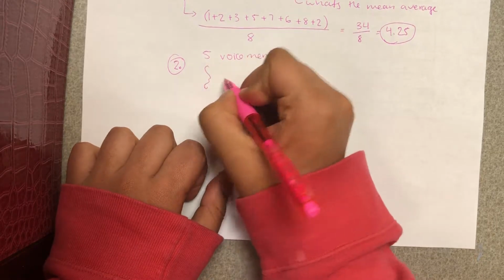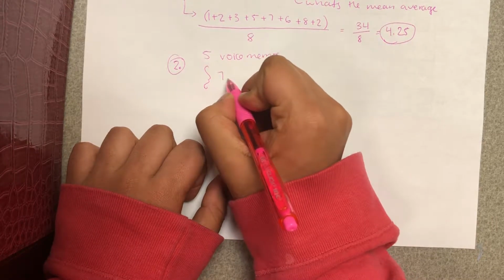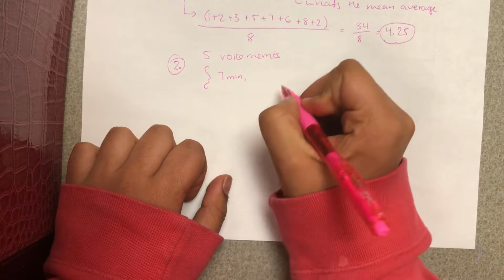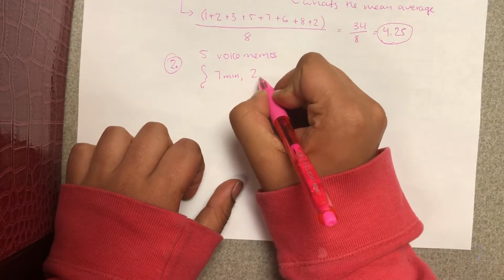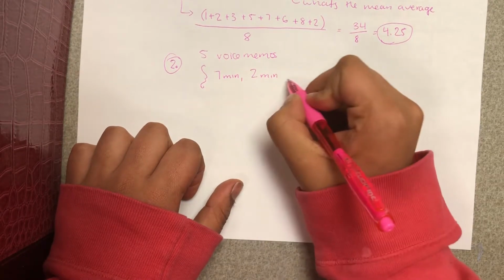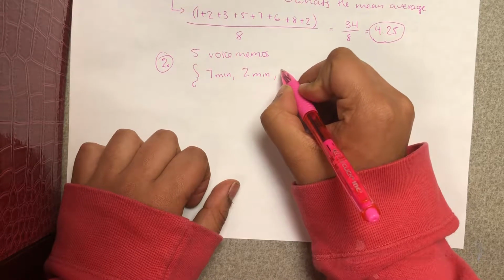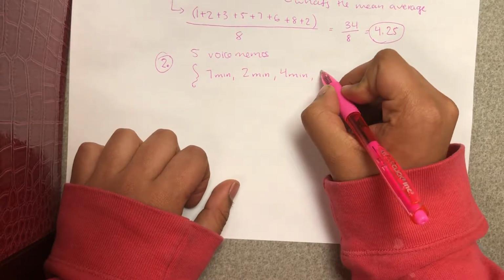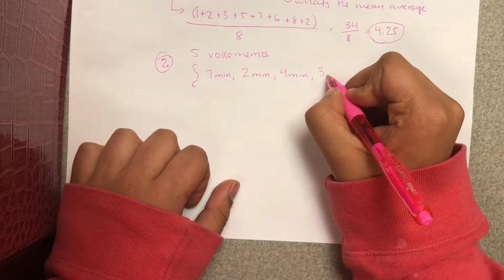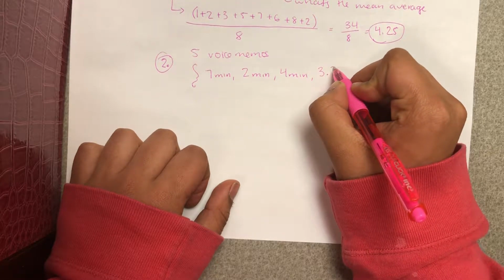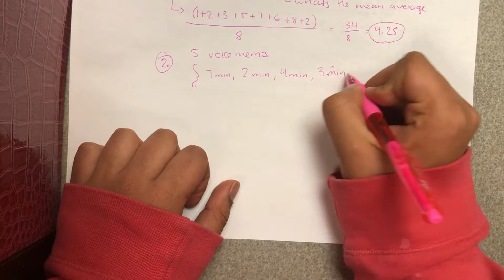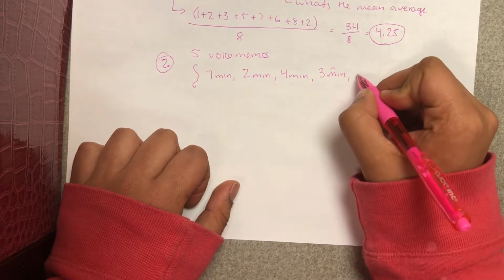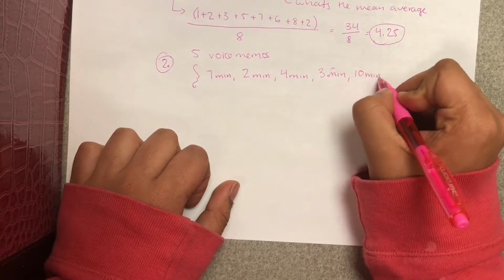The first voice memo is 7 minutes long. The second voice memo is 2 minutes long. The third voice memo is 4 minutes long. The fourth voice memo is 3 minutes long. And the fifth voice memo is 10 minutes long.